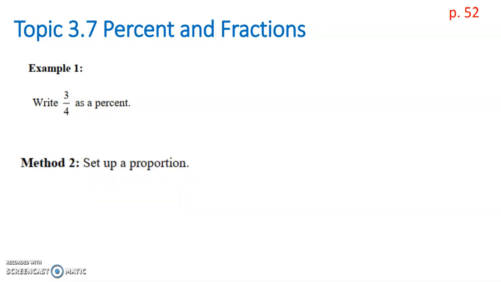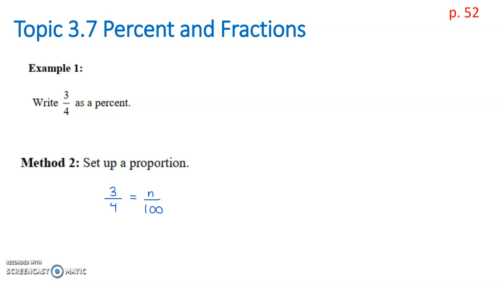So not only could you change 3/4 to a percent by first changing it to a decimal, you also have a second method, which is setting up a proportion, and it's called the percent proportion. So what you can do is say 3 is to 4 as what is to 100, because percentages are always expressed out of 100.